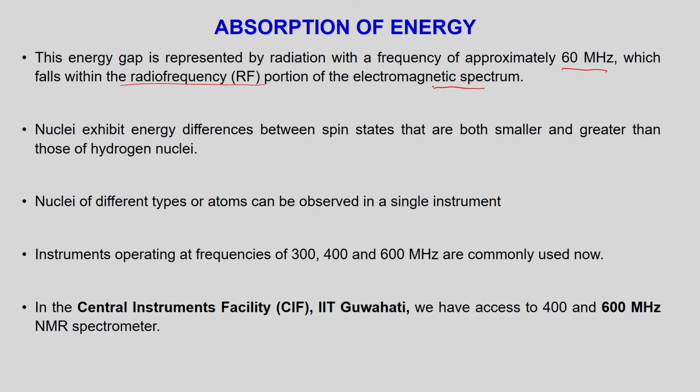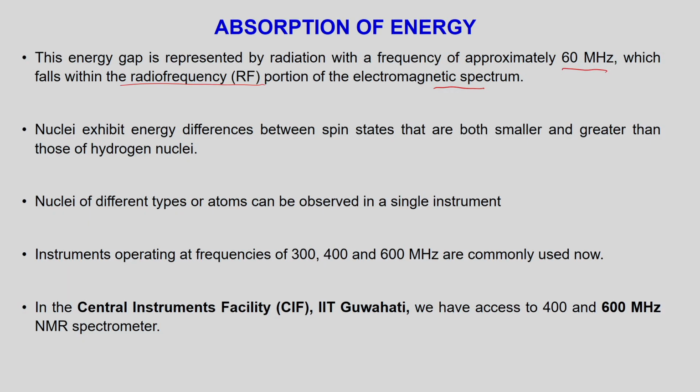If you recollect, in the starting lecture as well as in subsequent lectures, I told you that radio frequency waves have a very large wavelength. Because of the large wavelengths, NMR is clubbed together in the radio frequency portion. It is actually related to nuclear transition.